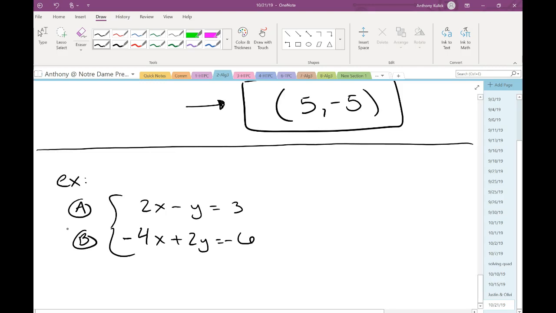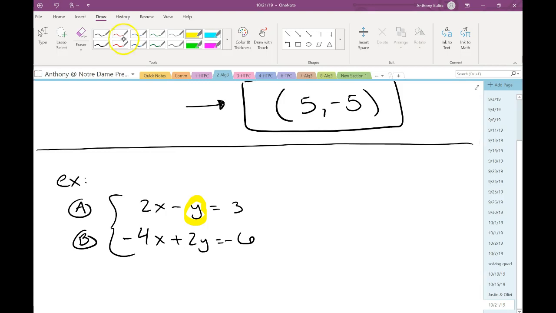So the first thing we need to do is decide which equation and which variable from that equation we want to isolate. What would be the best choice here, Helena? Equation A and which variable? Y. So easy to see that solving for y is going to give us no fractions or decimals.